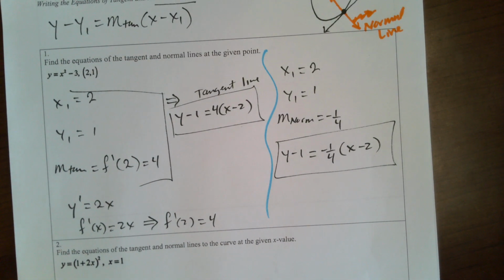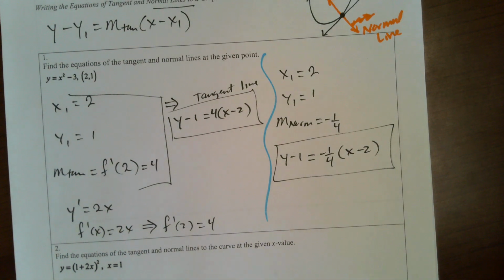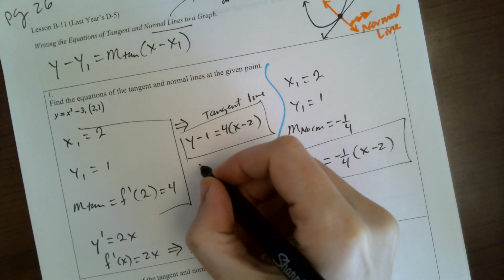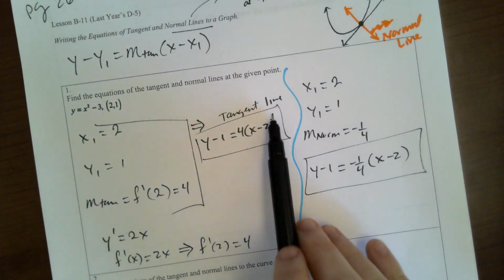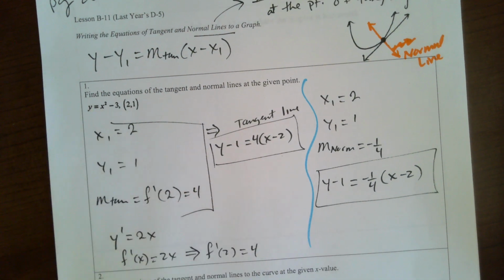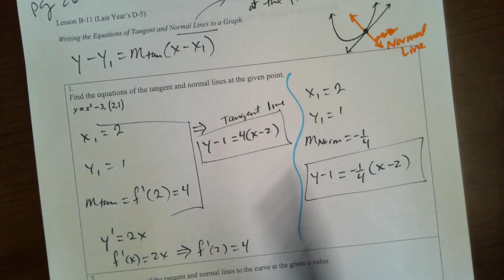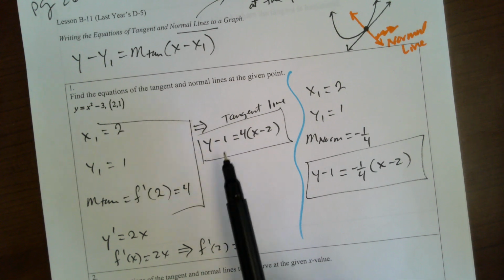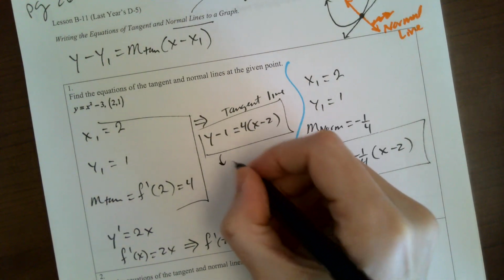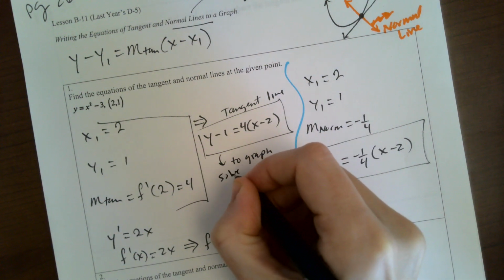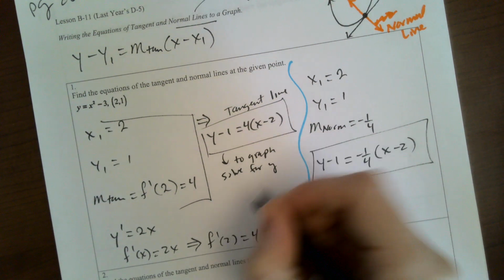Okay. And guys, I just want to briefly graph the tangent line and the original in a calculator just so we could see if it in fact looks tangent. So if you're going to graph this, solve for y.